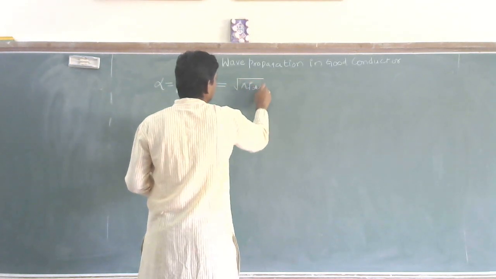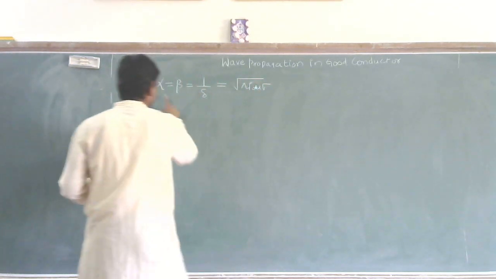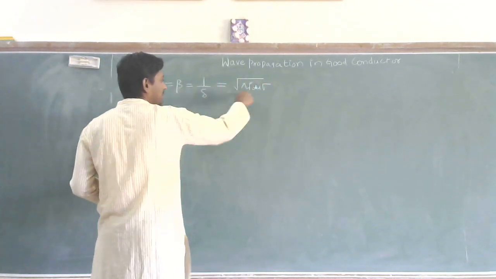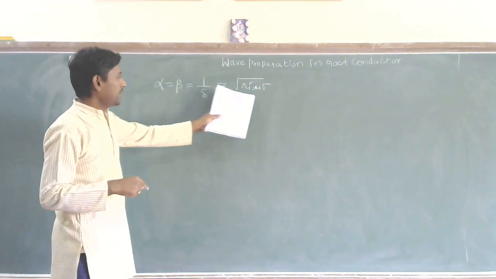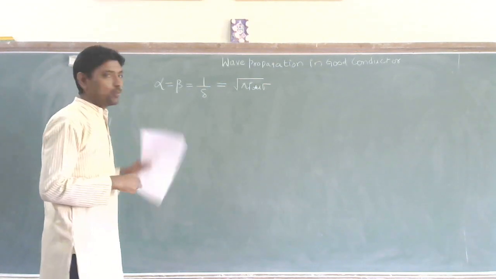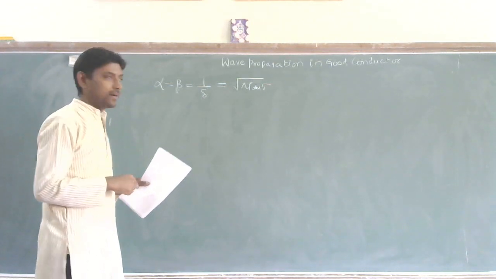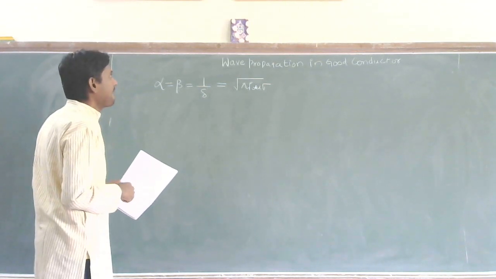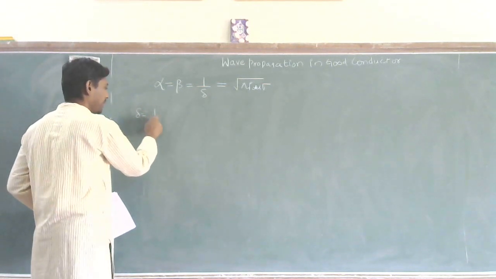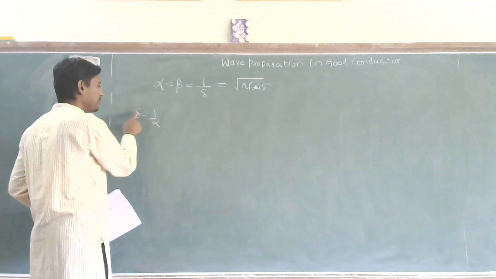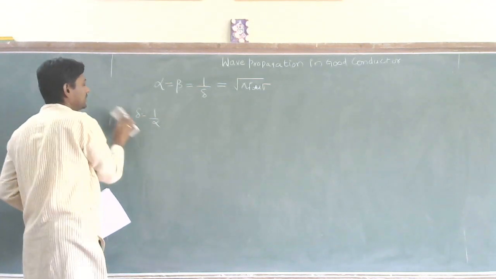This is anyway the same expression we want for alpha and beta, but I would like to say this is also equal to 1 by delta. Actually, we have delta equal to 1 by alpha, so alpha is equal to 1 by delta.